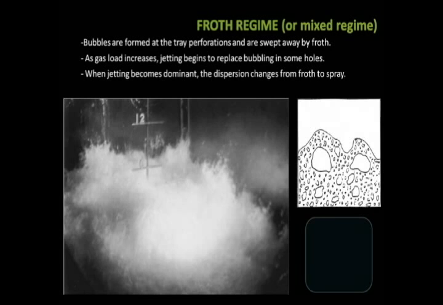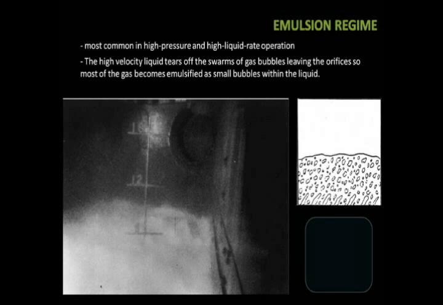As gas load increases, jetting begins to replace bubbling in some holes, and the fraction of jetting holes increases with gas velocity. When jetting becomes dominant or replaces 45 to 70% of the bubbling tray holes, the dispersion changes from froth to spray. The second type of flow regime existing on industrial trays is the emulsion regime.